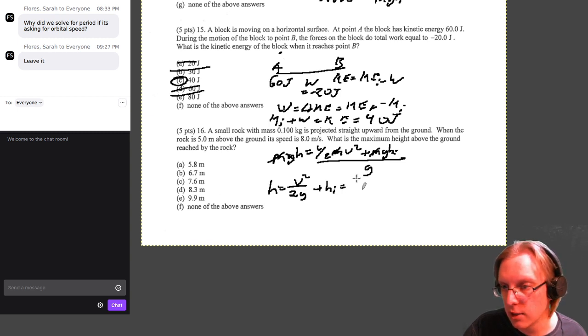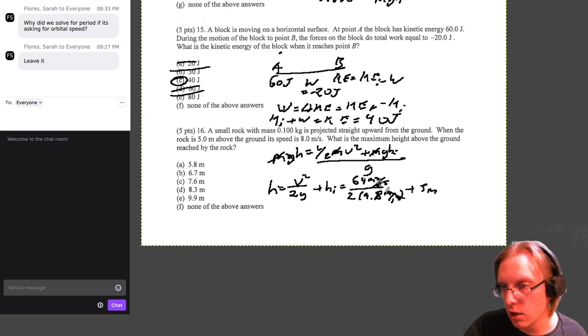So then that's 64 meters squared per second squared divided by 2 times 9.8 meters per second squared plus 5 meters.